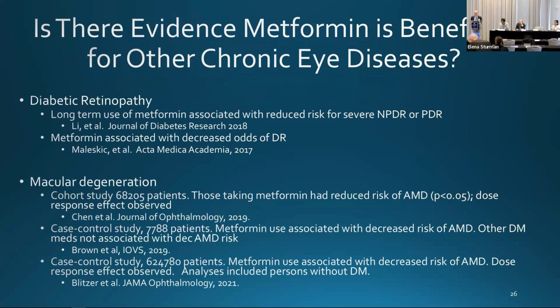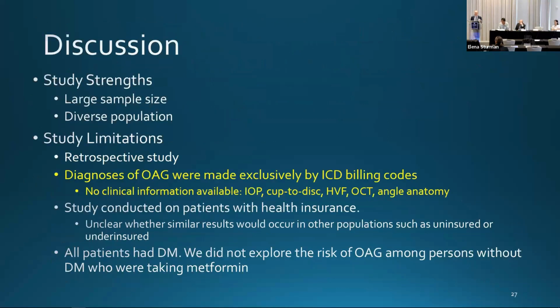Obviously, all these are different diseases of the eye, but they're all chronic and they're all associated with age. In terms of our study, the strengths: it was a large sample with a diverse population. The main limitations: it's a retrospective study, and because this is a large healthcare claims database, all the diagnoses were made exclusively using billing codes.